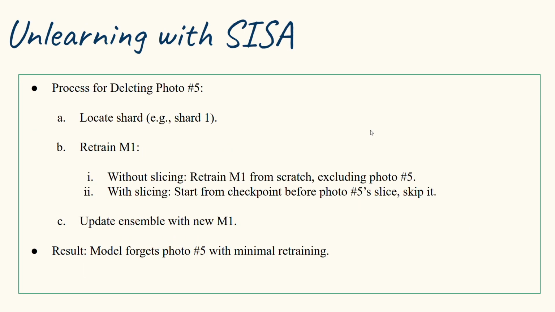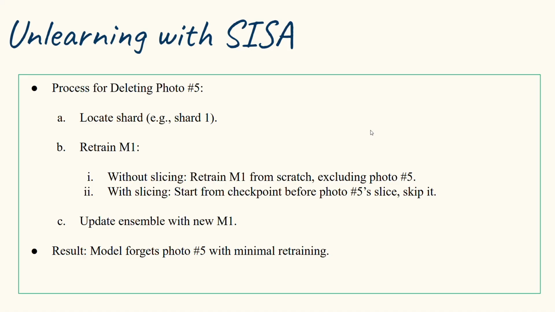Now, unlearning with SISA. Here's where all those steps come together. Let's say we need to delete photo ID 5. We already know which set it belongs to. Set 1. So we just focus on its model M1 and the rest of the models are totally untouched.